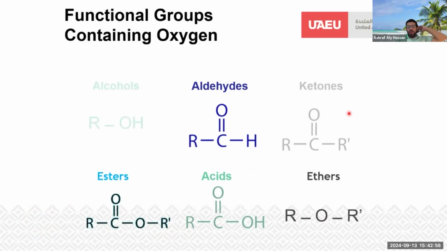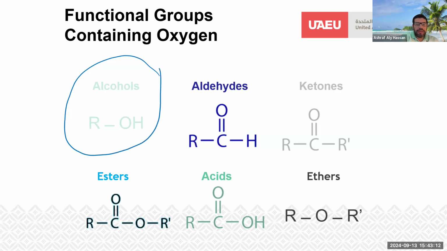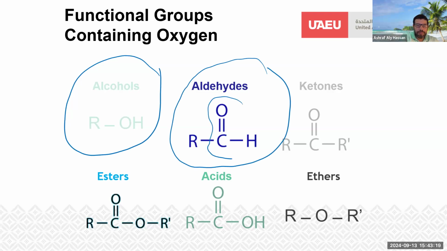In this class, we will talk about some of the functional groups that contain oxygen. So we will look at alcohols, ROH, aldehydes, RCOH. So this is the aldehyde part.